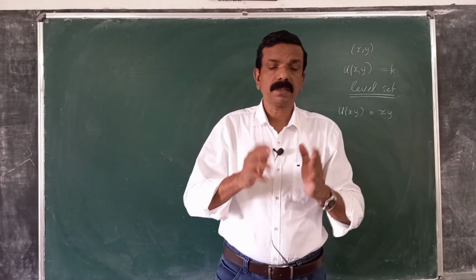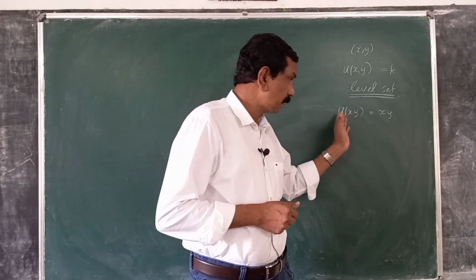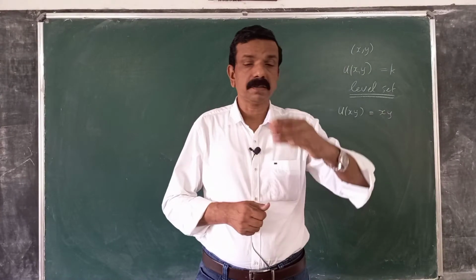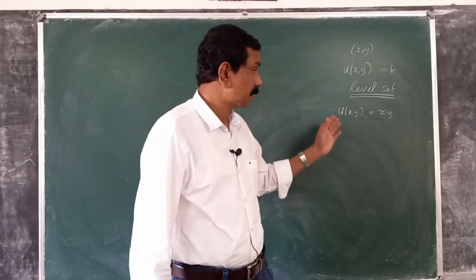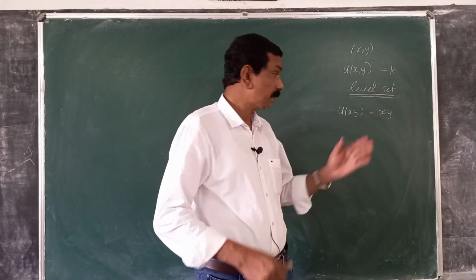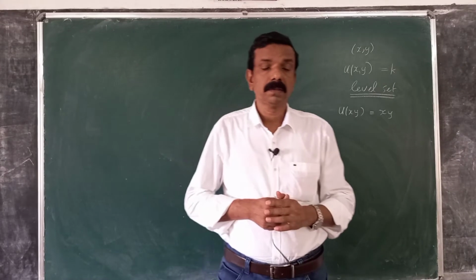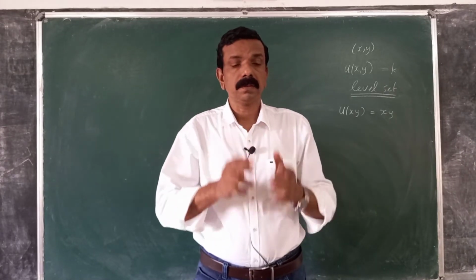So a utility function is given. Now the question is, what will be the shape of the indifference curve associated with this particular utility function?